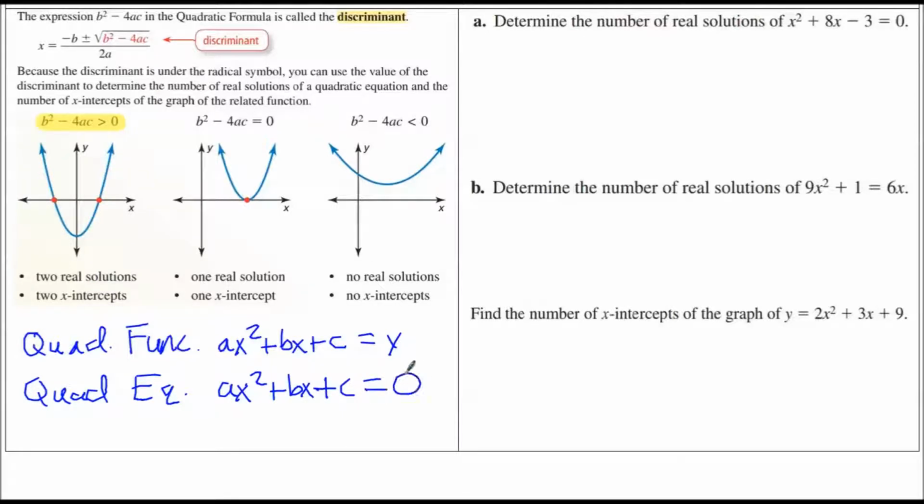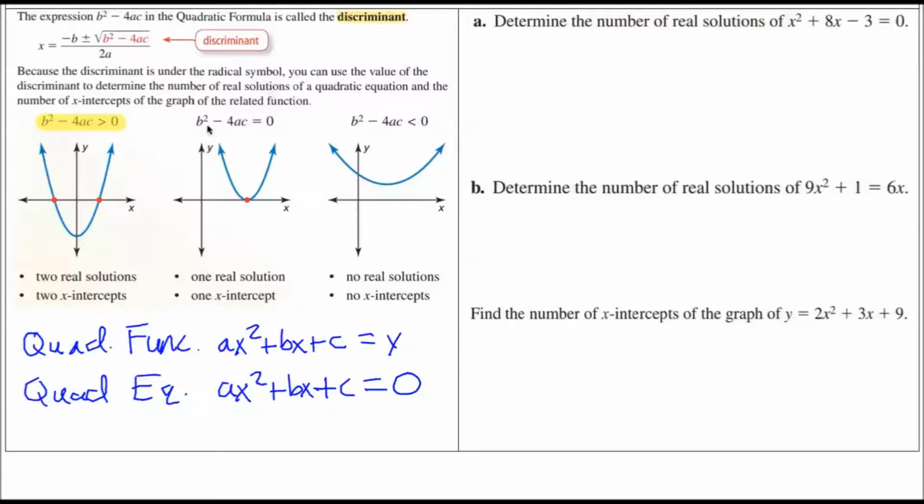It assumes that y is 0, and if y is 0, these are the x-intercepts. So if the discriminant b squared minus 4ac is greater than 0, you're going to get both a positive square root and a negative square root. So you're going to get two real solutions, two x-intercepts.